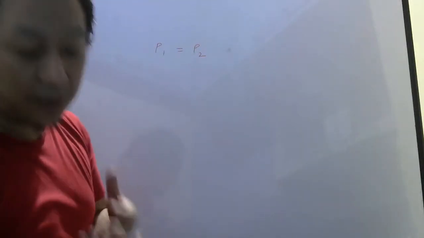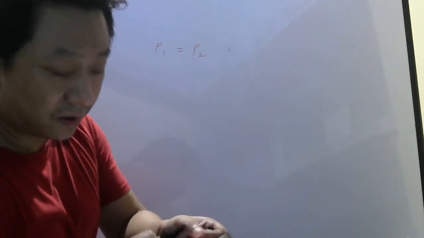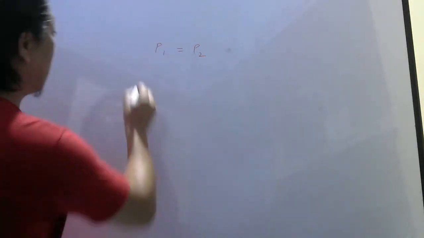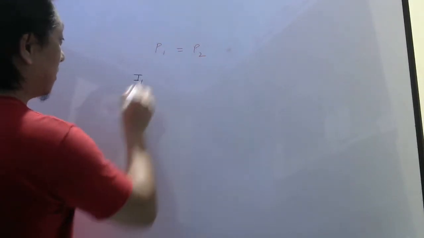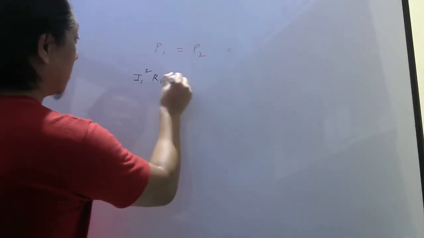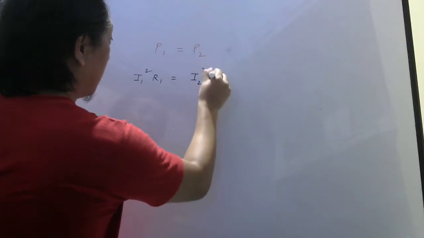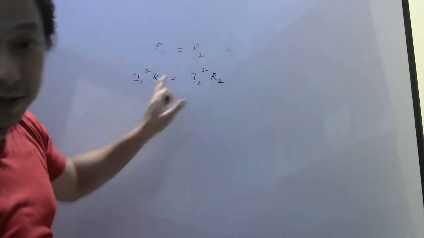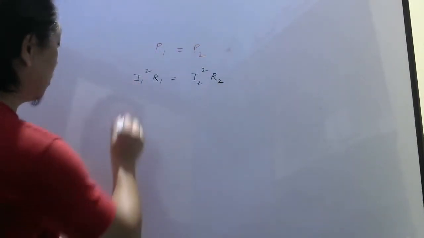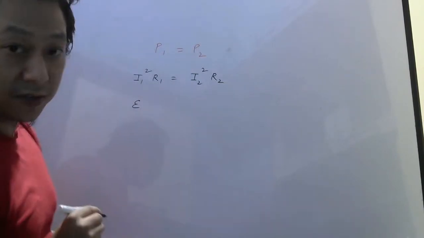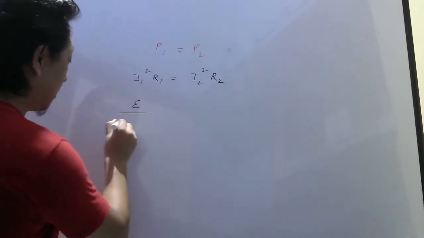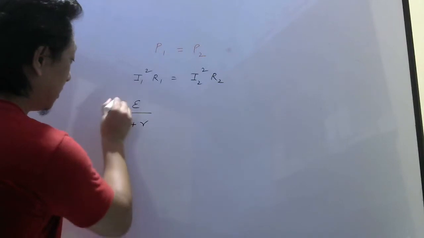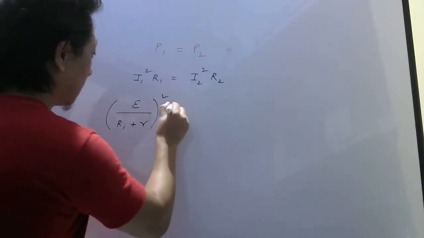Now the first resistance, let us say, has the value R1. So I can write power as current in the first resistance squared into resistance. Current squared into resistance, right? This is the formula for power. Now current, how much is flowing? EMF of the cell divided by external resistance plus internal resistance, whole squared, into R1.